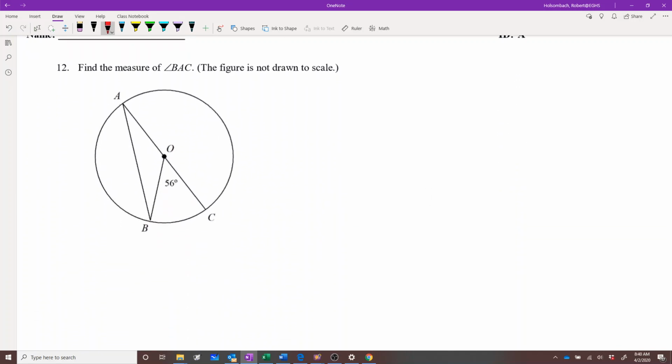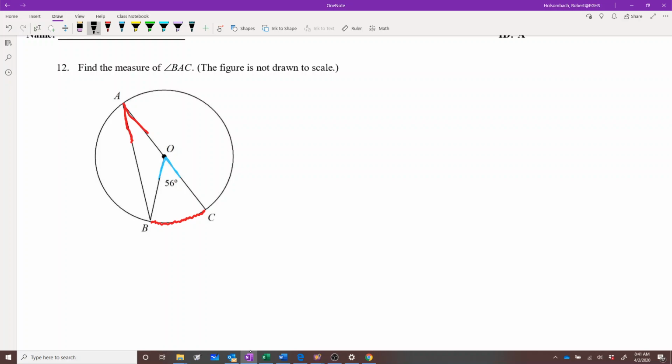And number 12, last but not least, find the measure of angle BAC. Here's BAC right here. BAC is an inscribed angle, which means that it's going to measure half of its intercepted arc. Angle BOC is a central angle, and it is congruent to its intercepted arc.